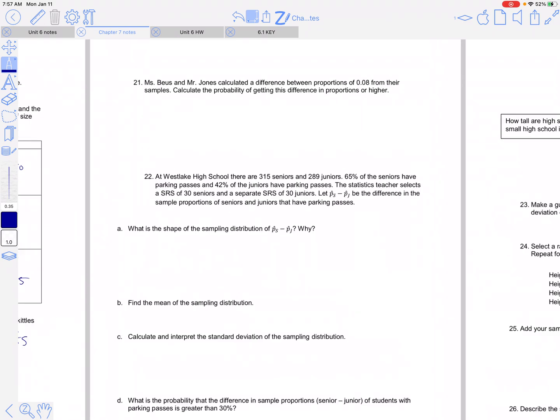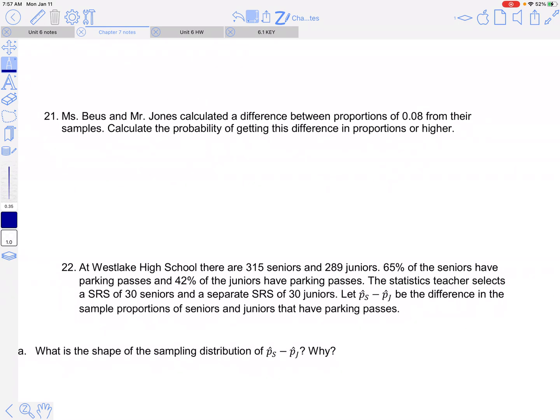You have questions kind of like 21. If we calculated a difference between proportions and got 0.08 when we subtracted them, so I did the Skittles, he did the M&Ms, we want to find out the probability that we would get this. Is this a typical one?